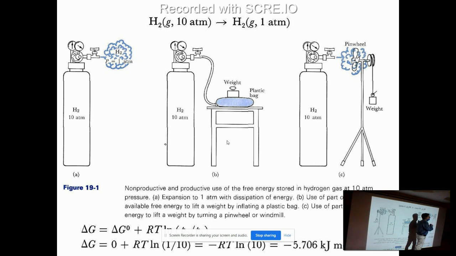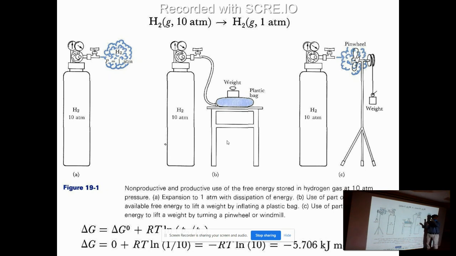Now look at the second figure. Instead of releasing into the atmosphere, I have connected a small tube and put a plastic cover so that the gas can be collected here. On the plastic cover, I connected the tube and put some weight on it.